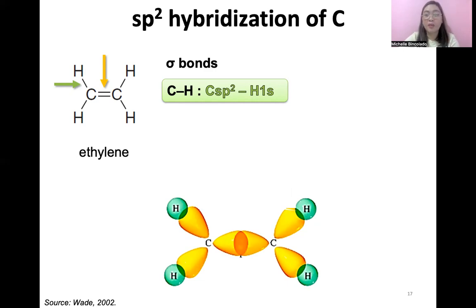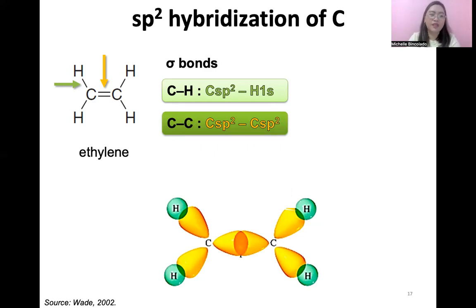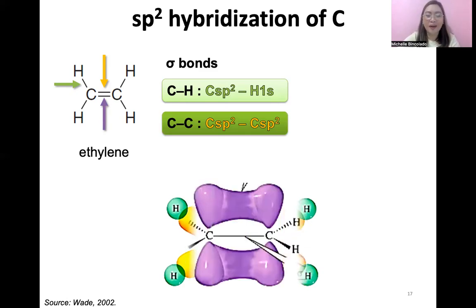So pag sinabi natin sigma bond, that's the overlap between carbon sp2 with the note na yan ay head-on. Okay, head-on overlap kasi sigma bond yan. E ma'am, paano po yung other p orbital? The other p orbital, guys, has also its own overlap with the other p orbital sa kabilang carbon. This is how it will look like.